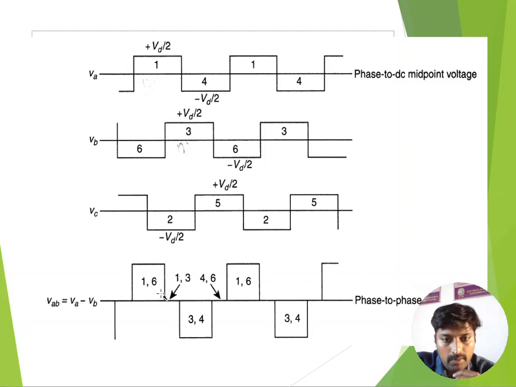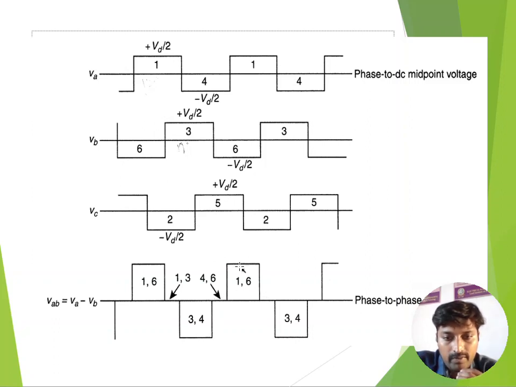If 1 and 2 operate, both are added. If 1 and 3 operate, both are in opposition, that's why it comes to 0. On the negative side, 4 minus VB means both are negative, so you get the negative side if 3 and 4 operate. If 4 and 6 operate, both are cancelled.